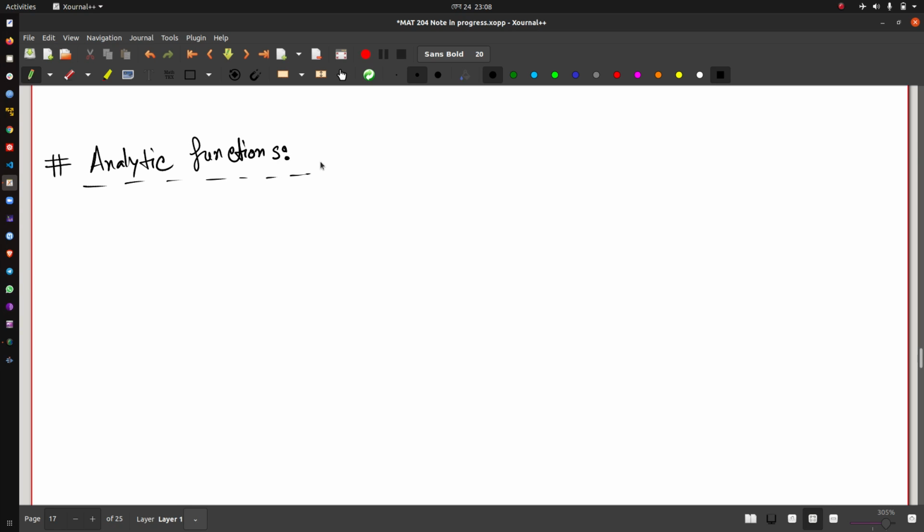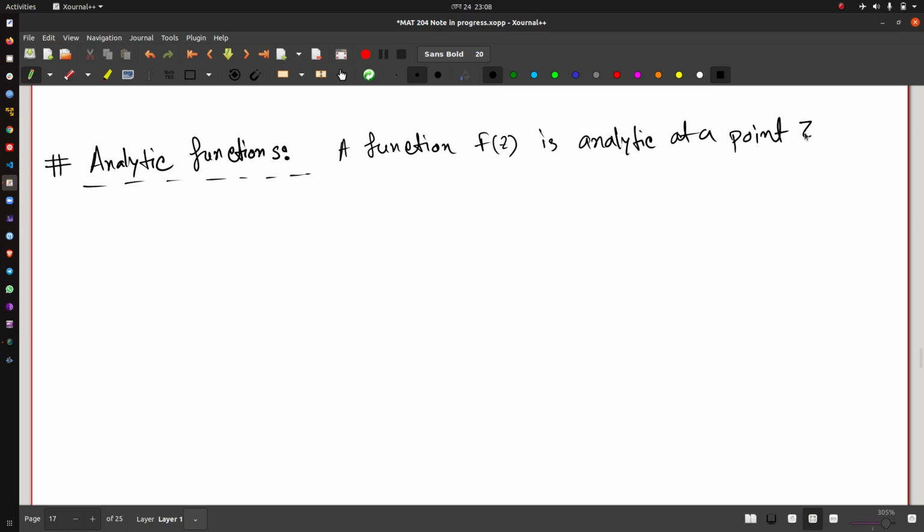So let's say you have a function f of z, and you want to know whether this is an analytic function or not. We say that a function f of z is analytic at a point in the complex plane, let's say the point is given by z naught, if f of z is differentiable.